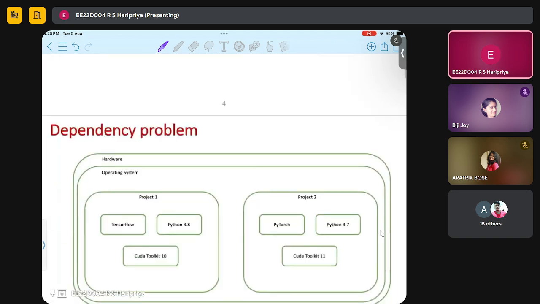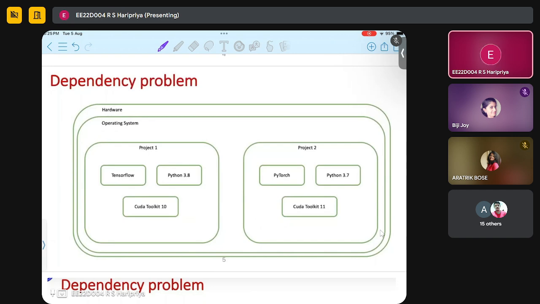So next, the dependency problem. This is a shared hardware. It can be a cluster, say like a DGX server, or a system which consists of multiple GPUs. On that, we want to run an operating system. That operating system will have to run certain projects.